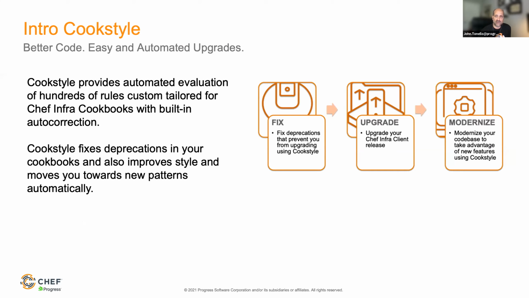But Cookstyle incorporates RuboCops, which are basically syntax helpers that can detect and correct hundreds of syntax, style, and code errors and autocorrect them, which is nice. If you're somebody that likes to use a code editor and you realize that there's a problem in everything, and you open a million files and then do a search and replace across all those files and then save them, all that goes away with Cookstyle, which can fix things very nicely.